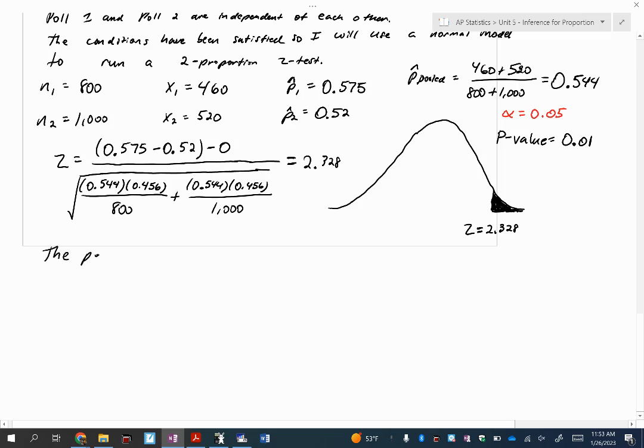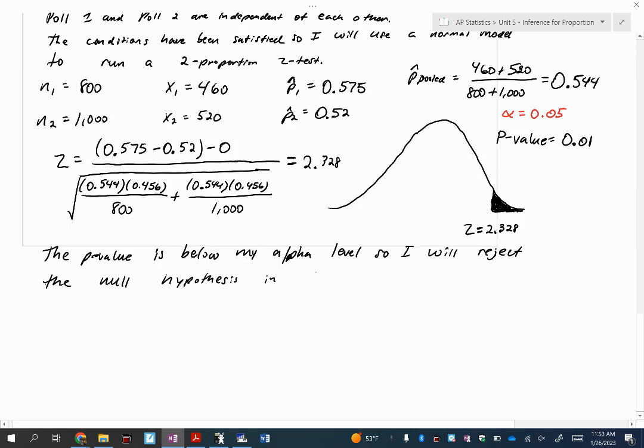All right. So the p-value is below my alpha level, so I will reject the null hypothesis in favor of the alternative.